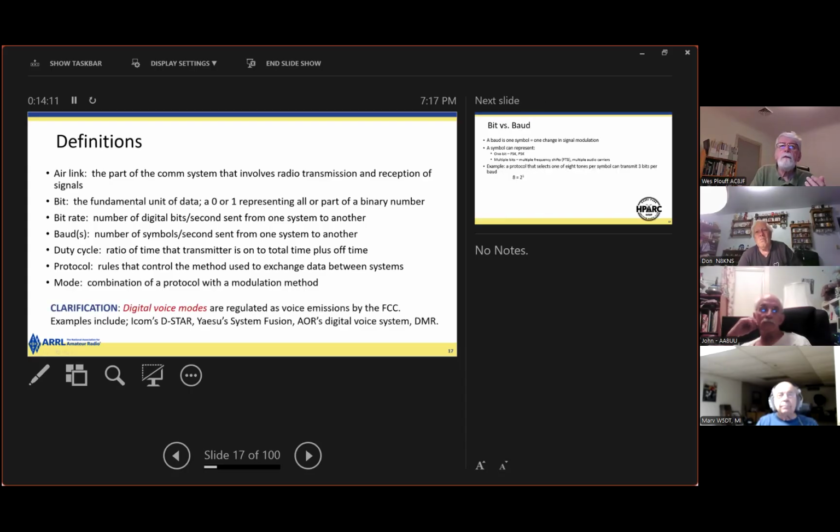Now, digital voice modes are treated as voice signals by the FCC, even though they have digital encoding.